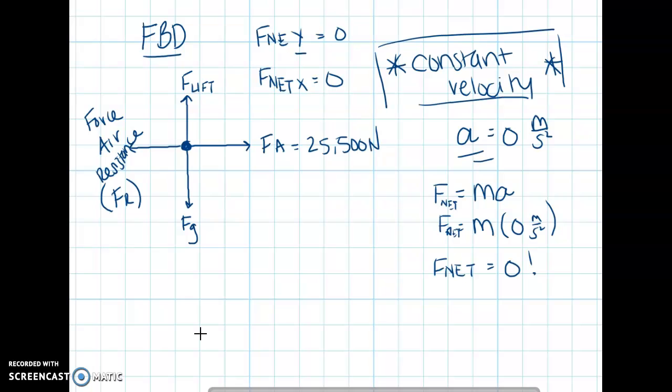So, knowing this information, knowing that the lift is equal to the weight and that the force applied is acting to the right, and we need to get it equal to 0, what does this force of air resistance have to be? Well, your force of air resistance has to be equal to the force applied, or 25,500 newtons.